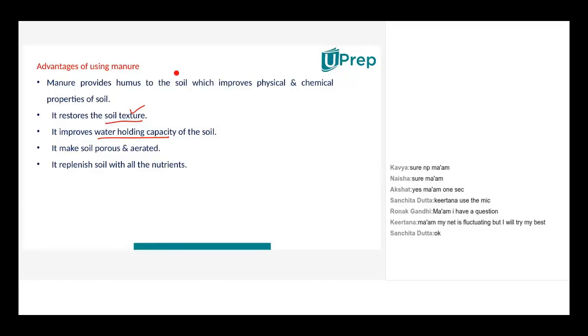Just imagine, if a soil did not have a water holding capacity, then because there are certain plants like paddy. I don't know how many of you have seen paddy crops. For example, these are paddy crops. They are kept in water for quite a few months, quite a few days. So here the water holding capacity of the soil should be good.